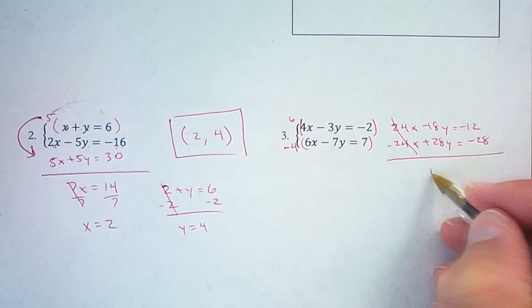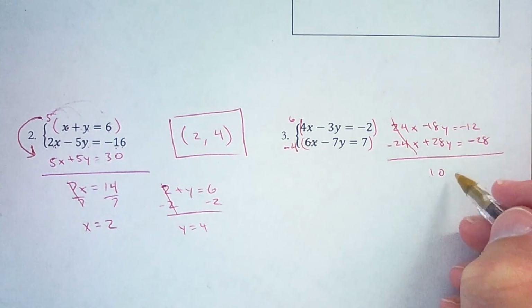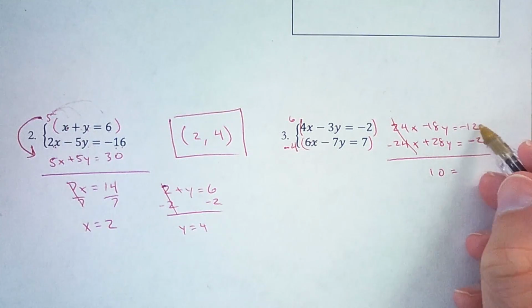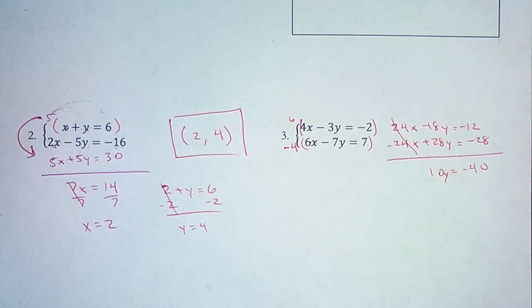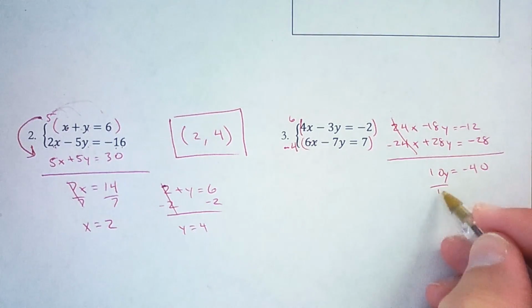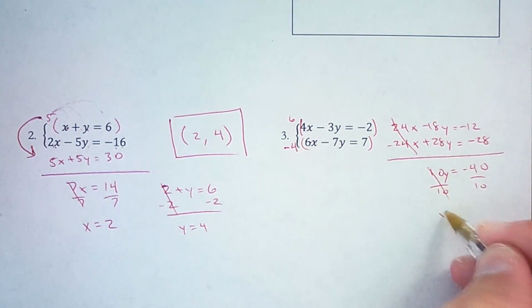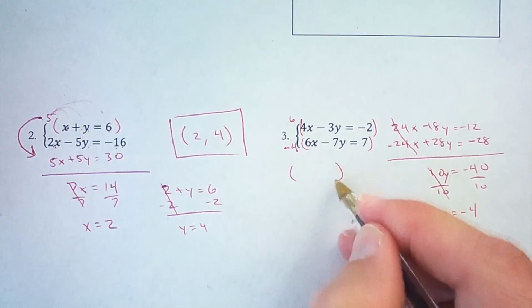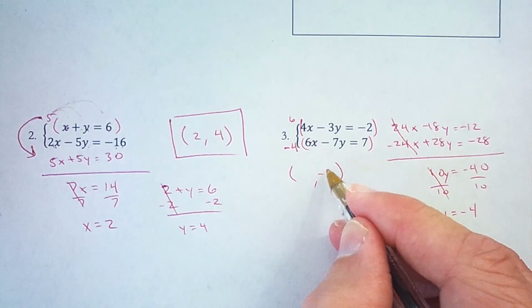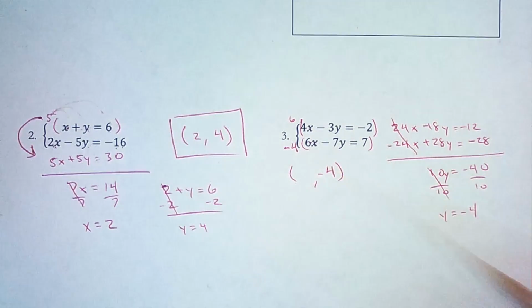Negative 18 plus 28 is 10, so 10y equals negative 12 minus 28 is negative 40. So that's 10y equals negative 40. And divide by 10, and I get y equals negative 4. So this intersection should happen at some x value with a y value of negative 4.